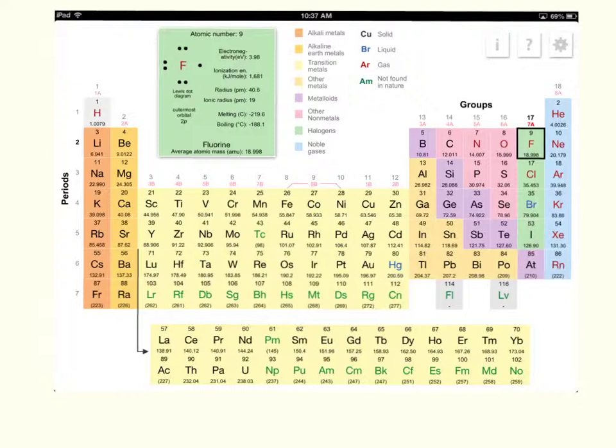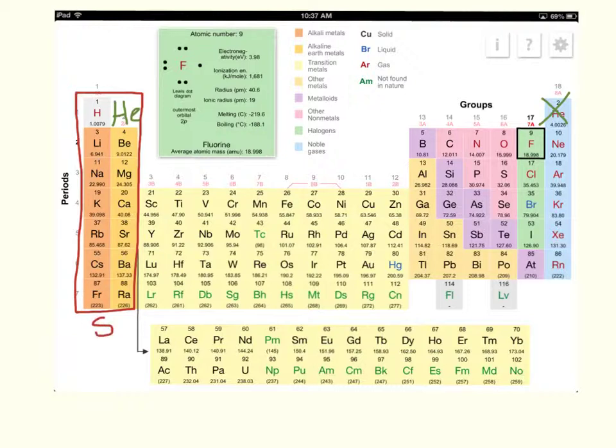So before we can do this shortcut, we have to make some edits to our periodic table. The first thing we're going to do is cross out helium and move helium over here, just to put it in the same group as hydrogen. Now we're going to box off some of these groups. First these first two columns, first two families, and this is going to be our S block.